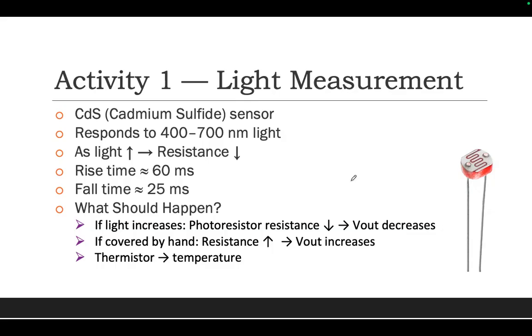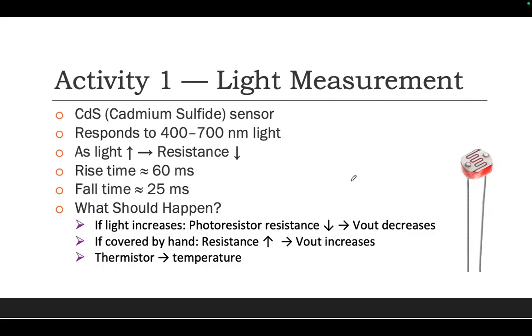It responds to 400 to 700 nanometer light, which is just visible light, and as light increases, the resistance decreases.